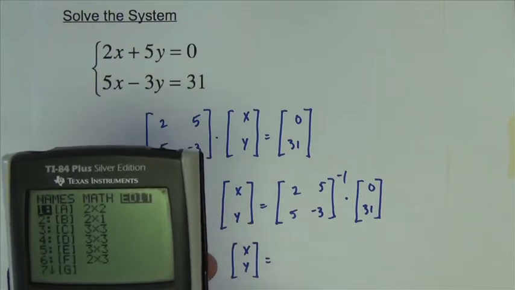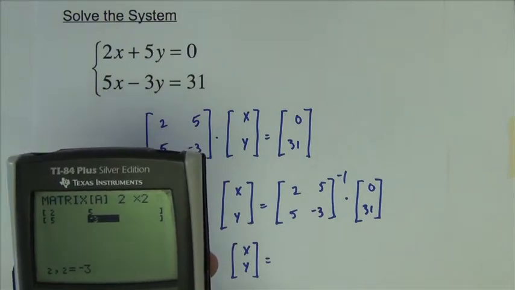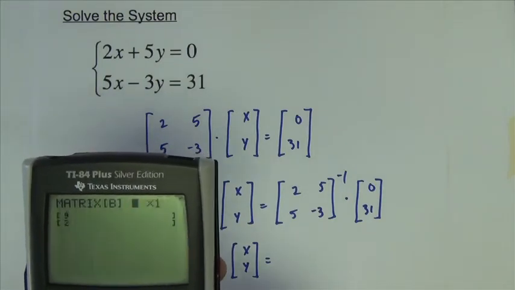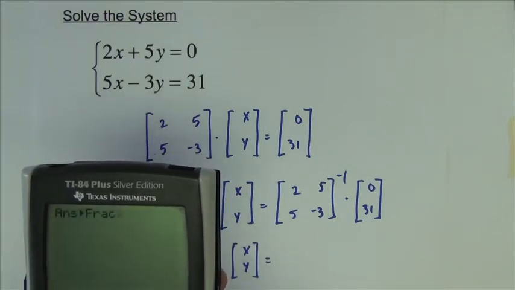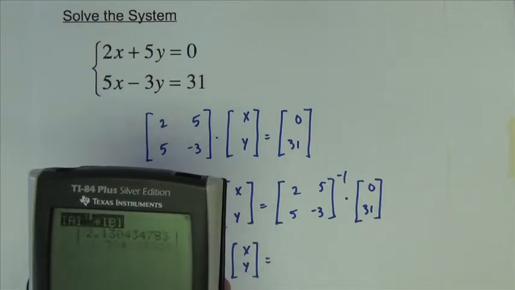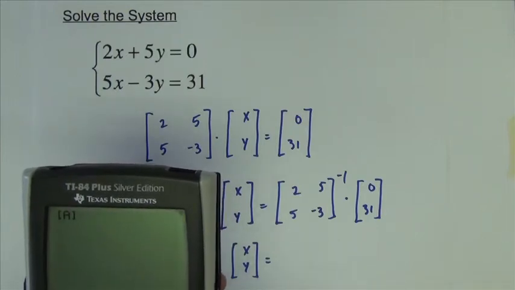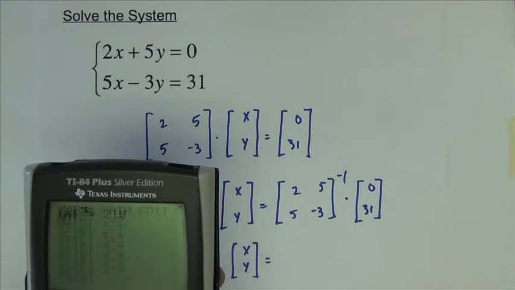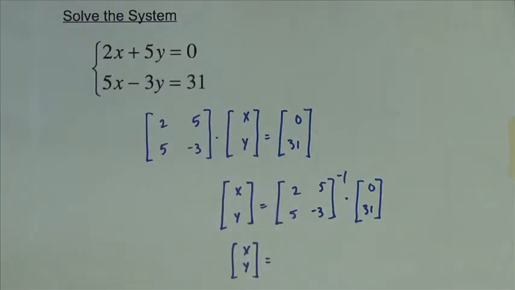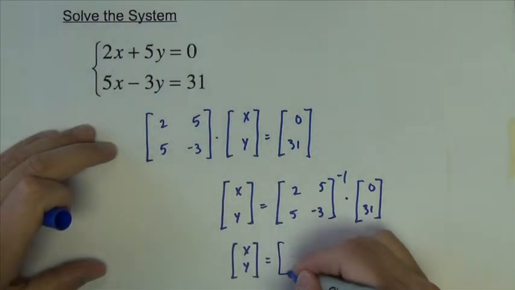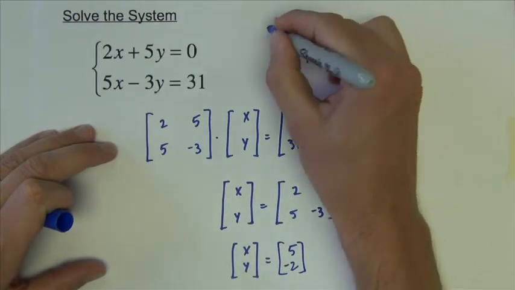Oops. All right, let's try again. Matrix A inverse times matrix B gives 5, -2.